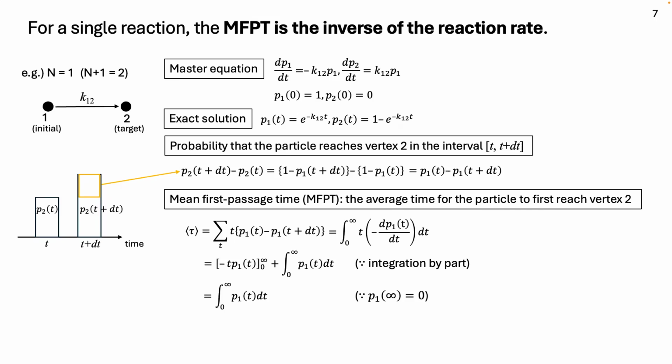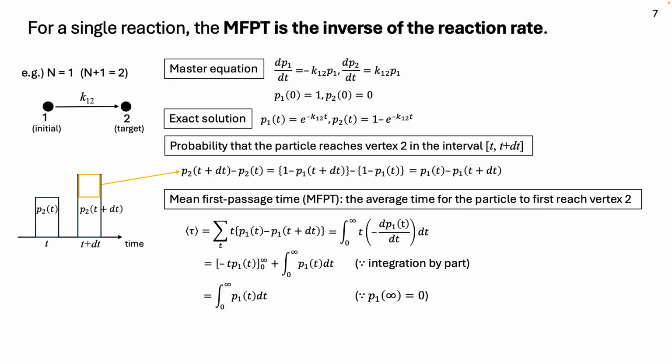Then does it make sense? Why do we subtract the P2 of t? It should not have reached until time t. So I think that's why we subtract this. Then we should reach at t plus dt. So I think what is missing here is "for the first time." Happy? Then what is the meaning of t times this?